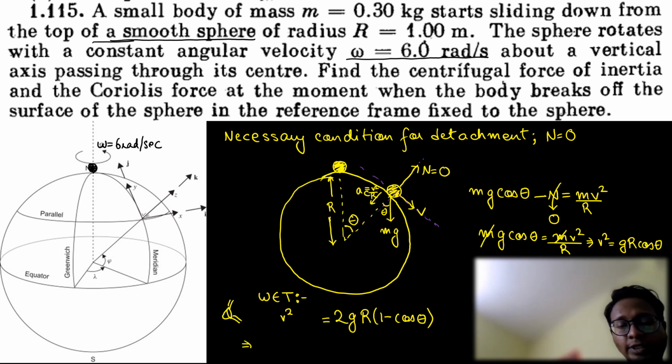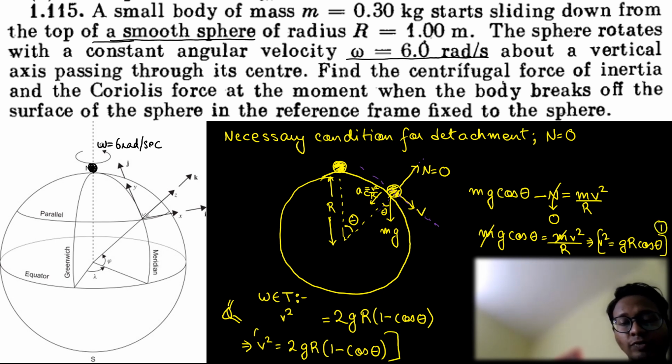Now here you have equation number 1, v square is equal to g r cos theta. Here you have equation number 2, v square is equal to 2 g r (1 minus cos theta). If we solve equation 1 and equation 2, we'll get the value of cos theta. So let's solve equation 1 and equation 2.